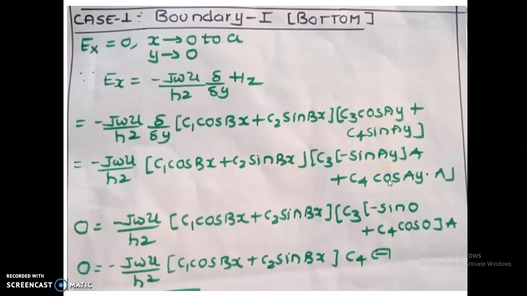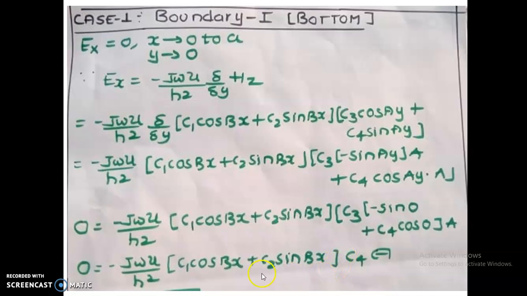This is a simple derivation. Now you substitute this value. Y has to be substituted as 0, but x cannot be substituted, as it is a variable, so we are not going to substitute that. Now sine 0 is 0 and cos 0 is 1. So I think the C3 terms get vanished. Now the remaining part is C4.